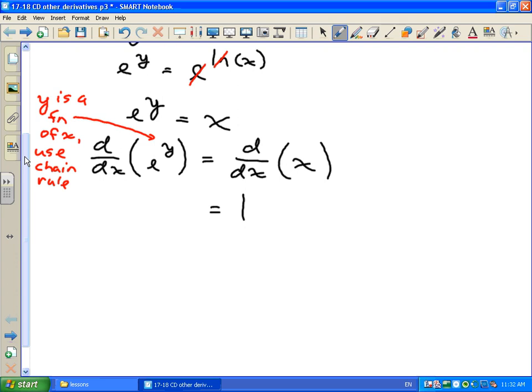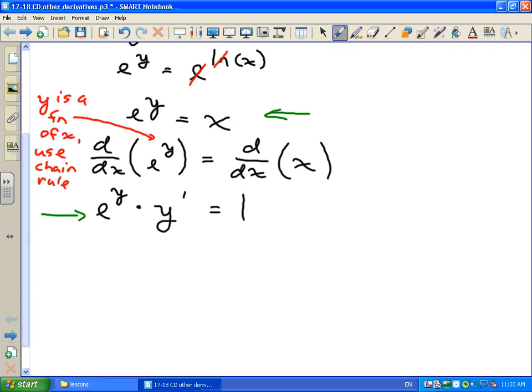So we know that if we take the derivative of e to the y, we'll just get e to the y back again, and we multiply that by the derivative of that function that we have up in the exponent. So the derivative of y, we'll just write that as y prime. Okay, so we get e to the y times y prime equals 1. Well, what is e to the y? This line right here tells us that e to the y is just equal to x.